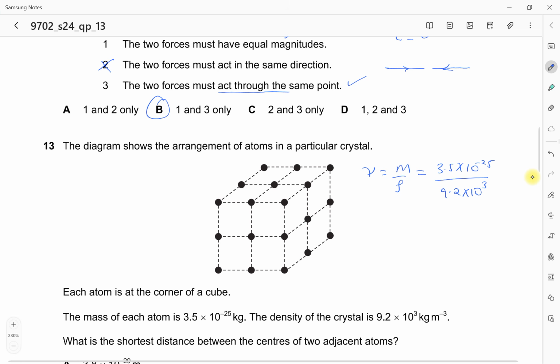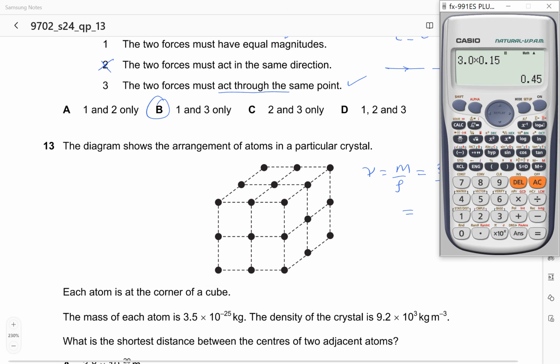So I think this would give us the volume, which would be equal to 3.5 exponent minus 25 divided by 9.2 exponent 3.